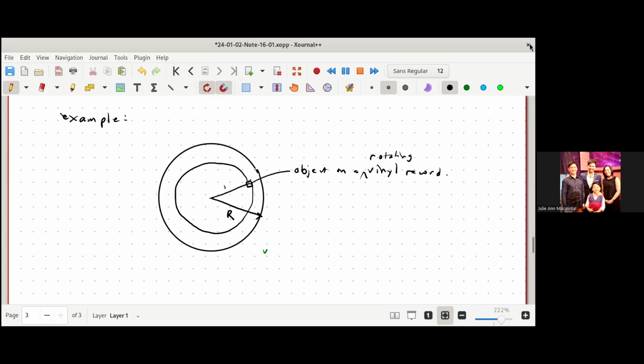Meron siyang radius. And then, yung turntable, yung isang characteristic niya, all the points on the same radius move at the same angular speed. So pag ito nag-travel by this angle, this will also move at the same angle.